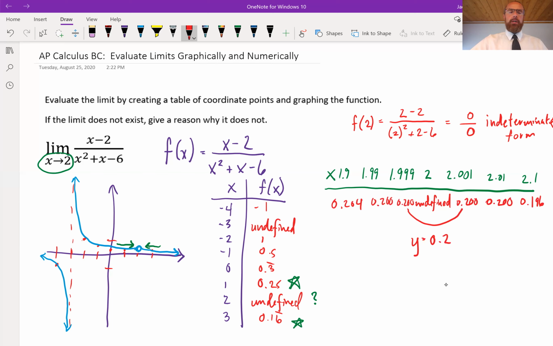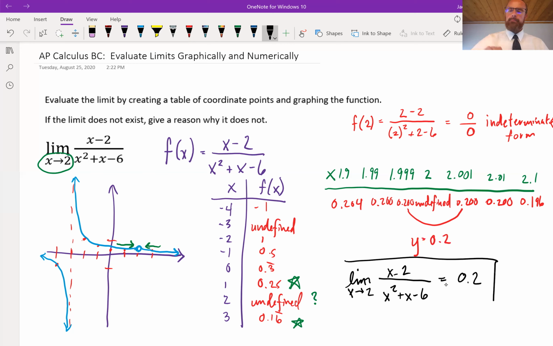But the table tells us, and we're going to write this real carefully, the limit as x approaches 2 for the function x minus 2 over x squared plus x minus 6 equals 0.2. And that is my final answer.